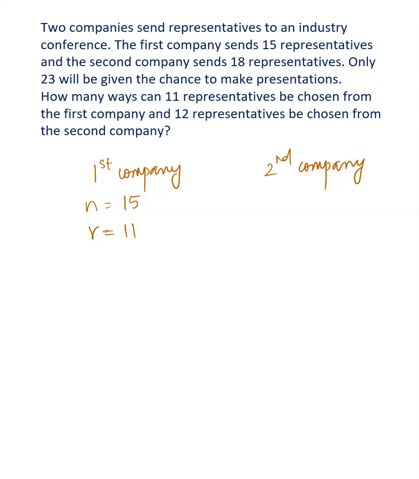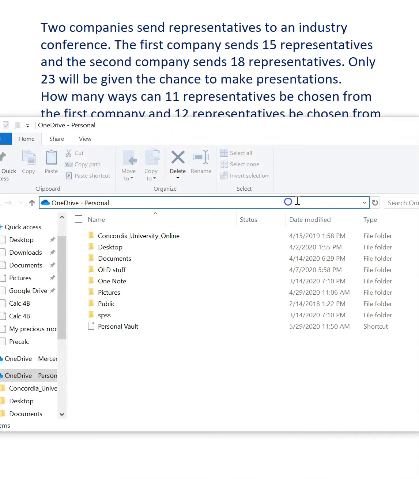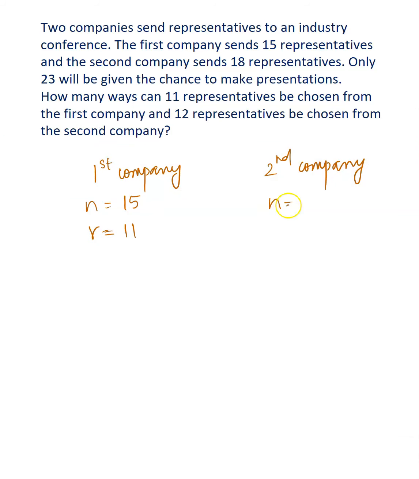And in the second company, we have a total of 18 reps and we would like to choose 12 out of them. Right? And does the order matter? There is no ranking here, right? So we don't have any specific roles for them that they rank in such a way that it matters who will be in that role. Because of that, this is going to be a combination problem.